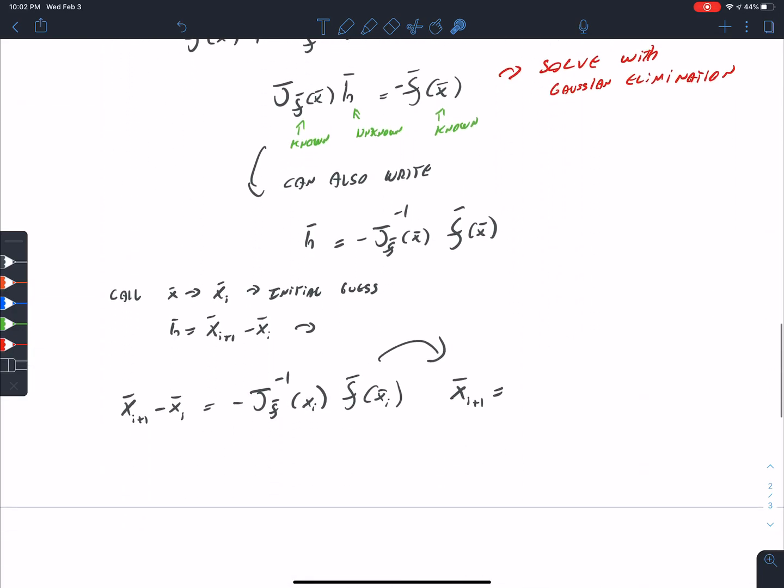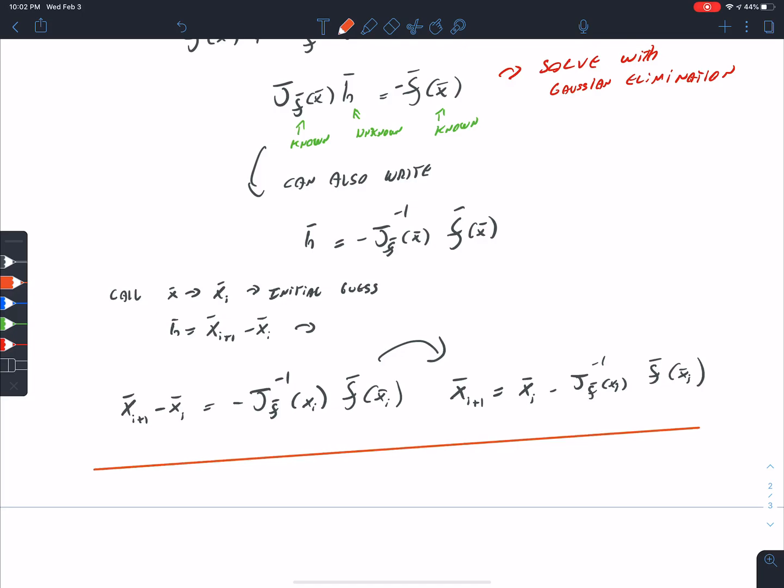And so our iterative solution, just like before, will be x_i minus the Jacobian inverse times f of x_i. So this is the derivation for the multivariate version of Newton's method. So let's apply this to an example.